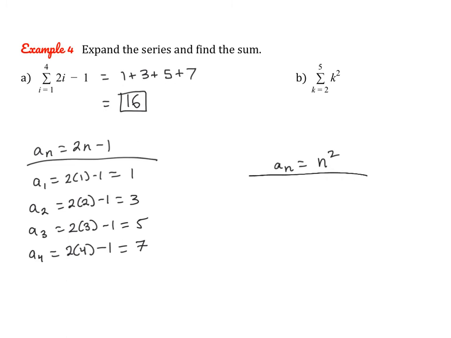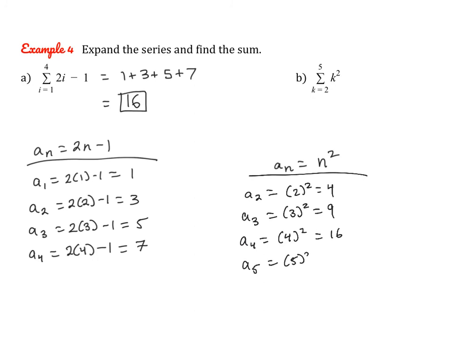Let's expand this out and find those terms. The second term, a sub 2, is 2 squared, which is 4. The third term is 3 squared, which is 9. The fourth term is 4 squared, which is 16. And our fifth term is 5 squared, which is 25.